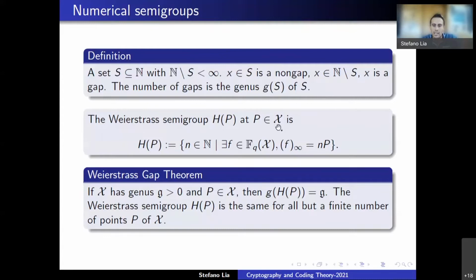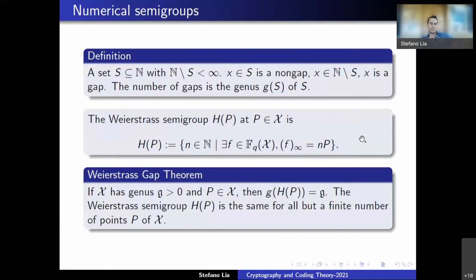Now, given an algebraic curve X and a point P, you can attach a numerical semigroup to this pair, the curve and the point, whose non-gaps are those non-negative integers n such that there exists an F_q-rational function f on X with pole divisor precisely n times P.